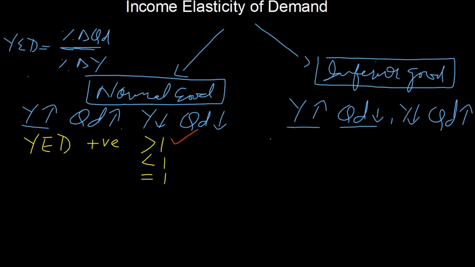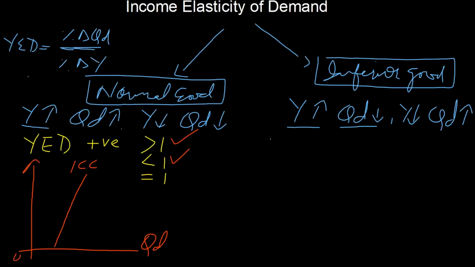Now if income elasticity of demand for normal goods is less than +1, then the income consumption curve will be relatively steeper. It will look like this: ICC, income consumption curve, and on X we have quantity demand, and on the Y axis we have income, denoted as capital Y. So if income is initially Y1, quantity demand is Q1.